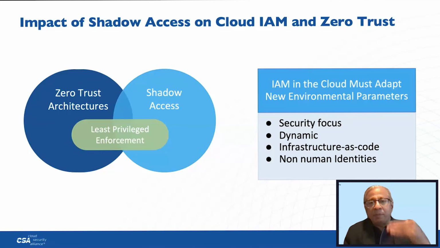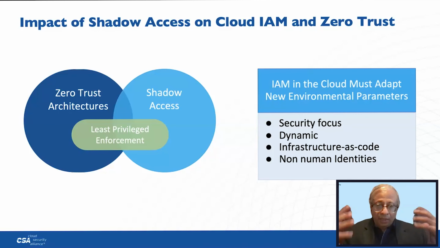And that means if you're not operating in least privilege, there are more unnecessary privileges that violate the principles of zero trust. And that's exactly the root principle of shadow access. You should just have the right level of access for the right people for the right reasons and for the right duration, nothing more, nothing less. Anything outside of that is shadow access. So we can agree that zero trust and shadow access intersect, and they're both maniacally focused on least privilege enforcement.